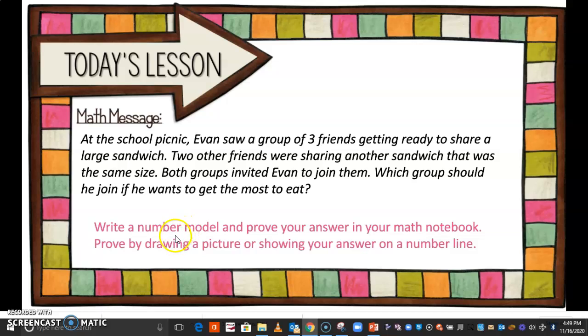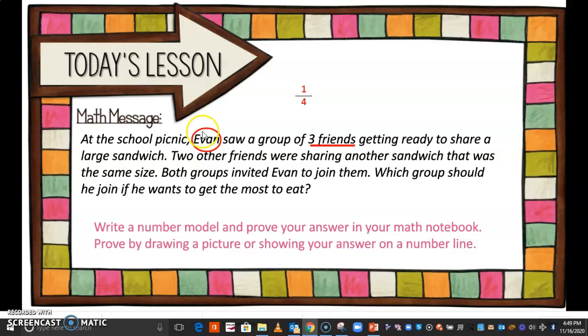So we've got to think about what are the fractions here? Well, we know that they're talking about Evan and 3 friends. So if there's already 3 people sharing that sandwich and now Evan joins, that's actually going to be divided among 4 people. So that would be 1/4 of the sandwich.